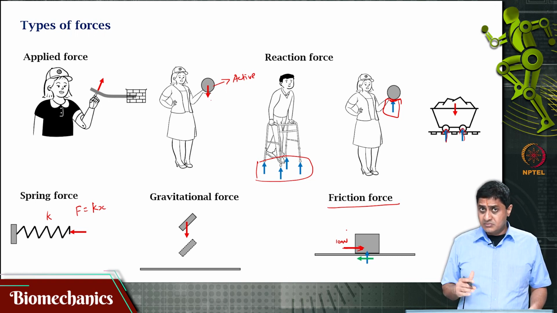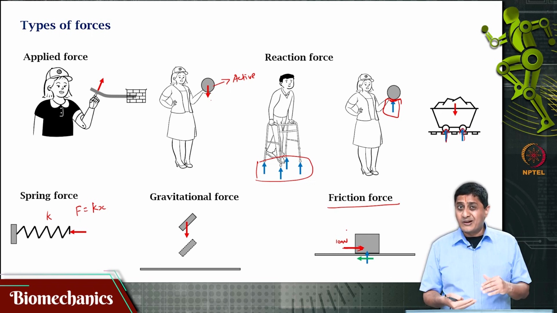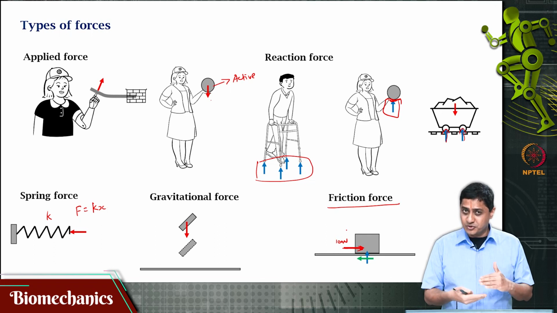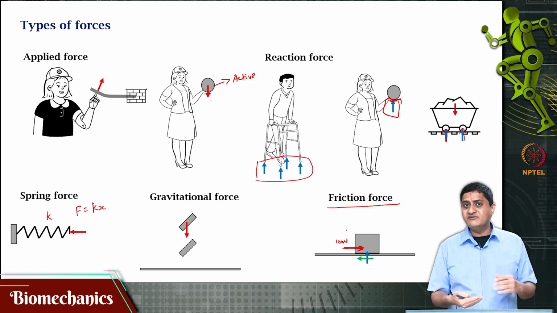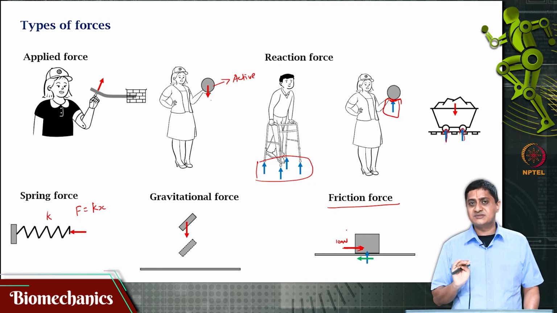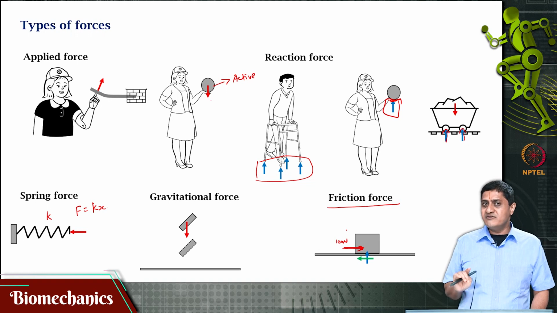Now because the surfaces of the block and the table are rough or not smooth, there will be a force that will oppose motion of this block on the table. That force will always be opposite to the direction of the applied force.